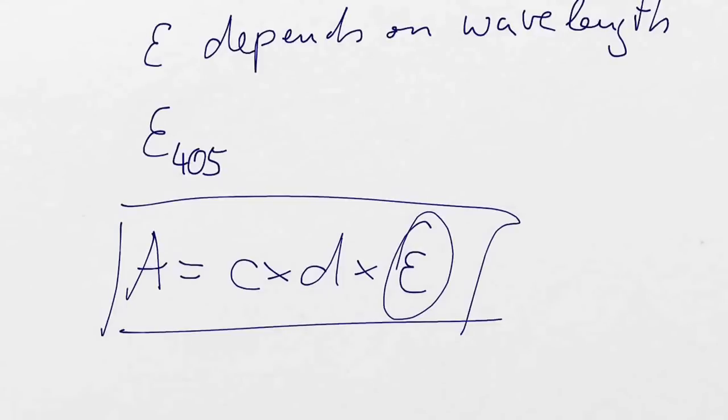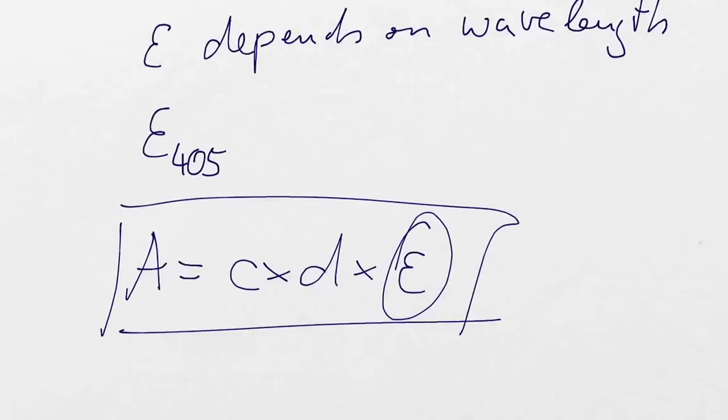Many third-year students say, oh, I remember, wasn't there something with a wavelength? Yeah. I just multiplied by 405. There's no wavelength in it. So don't multiply with wavelength. Just A equals C times D times epsilon. C, D, E. A, B, C, D, E. It's fairly easy to remember, isn't it?